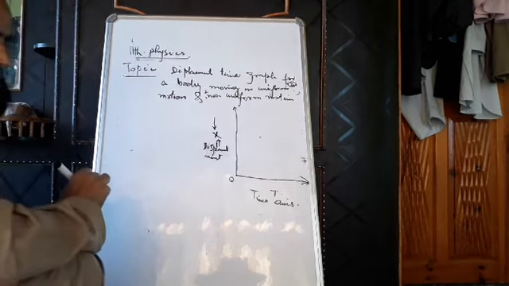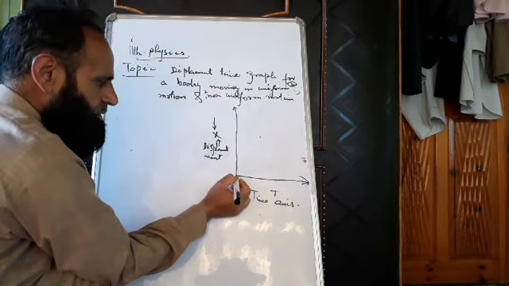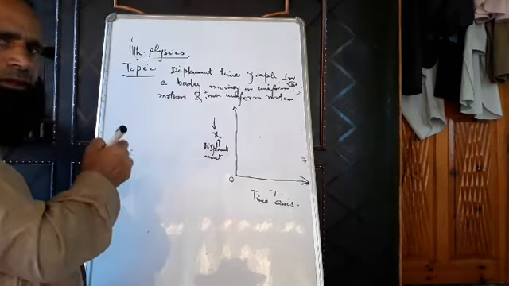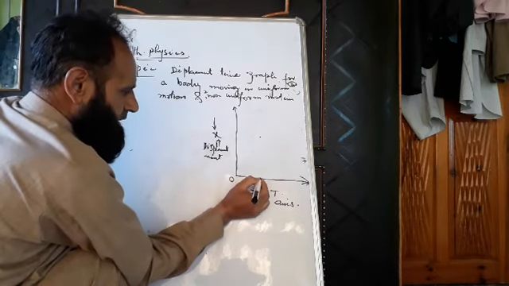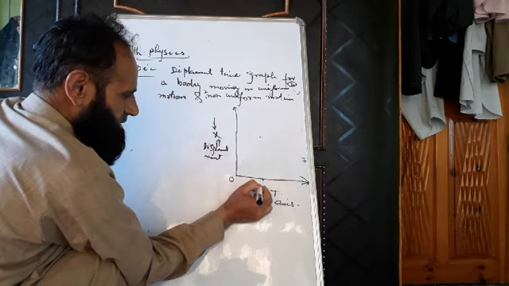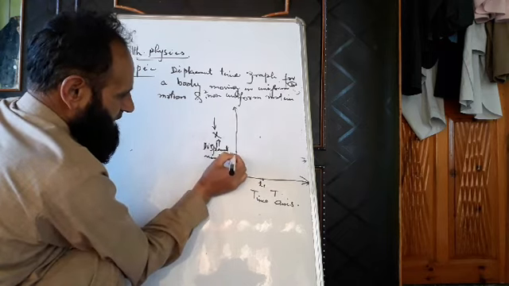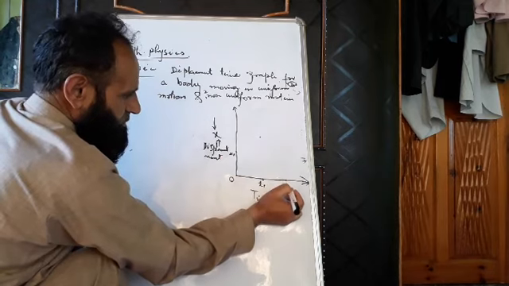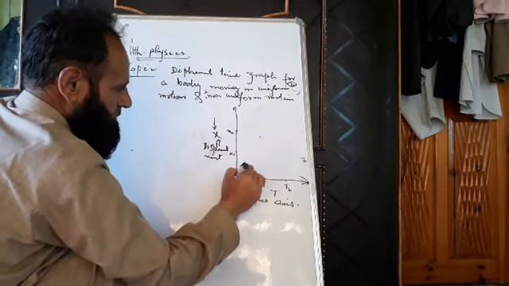At time t equal to 0, the displacement is 0. If the time t is equal to t1, let us show displacement by x1. At time t2, displacement is x2.